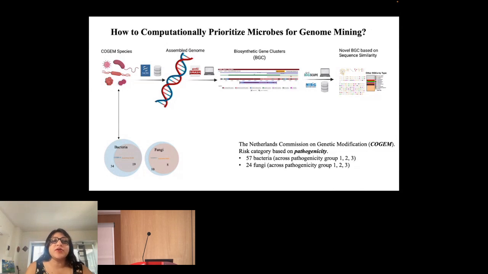We downloaded all genomes from NCBI with pathogenicity 3, and we took an equal number of bacteria from risk categories 2 and 1 to increase the size of the database. Another reason for using the COGEM species is that they are very well characterized and studied because of the pathogenicity.